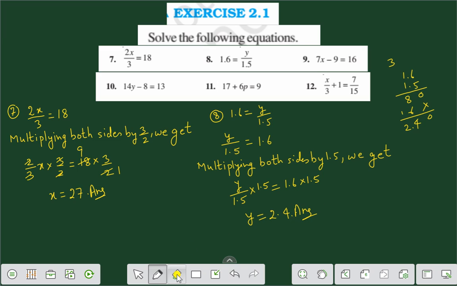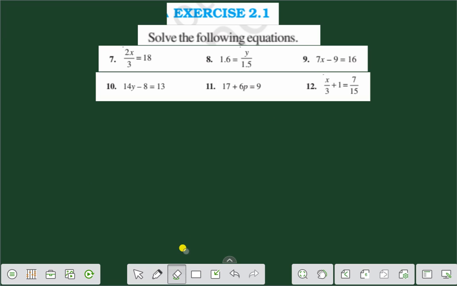Let's solve question number 9. Question number 9 here you see is 7x minus 9 is equal to 16.